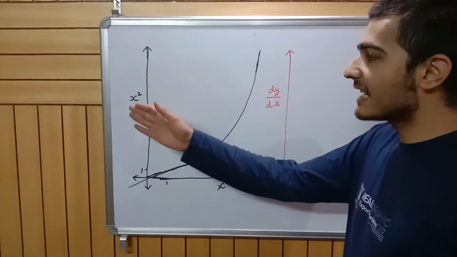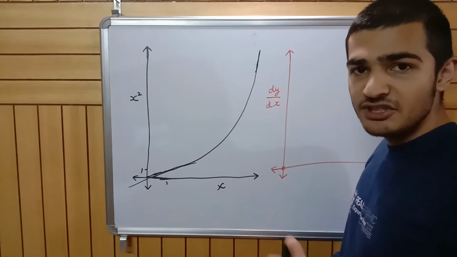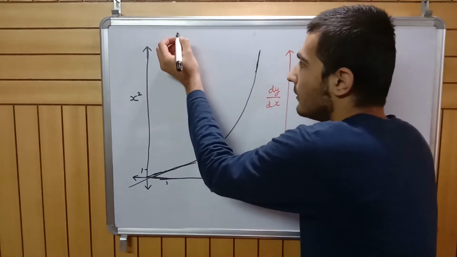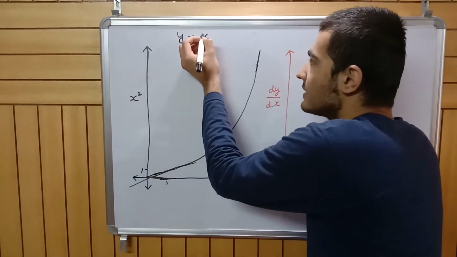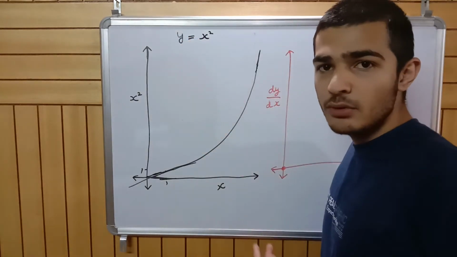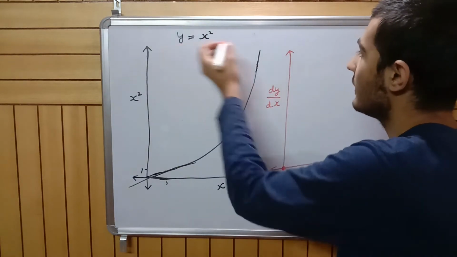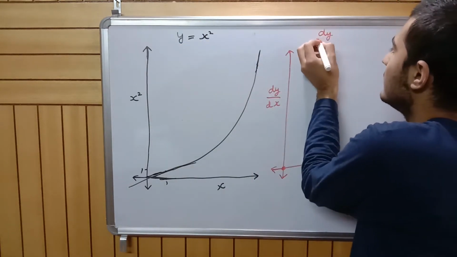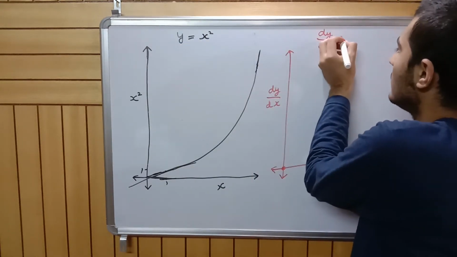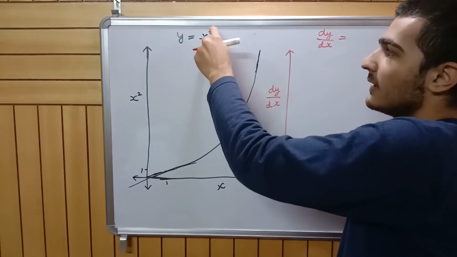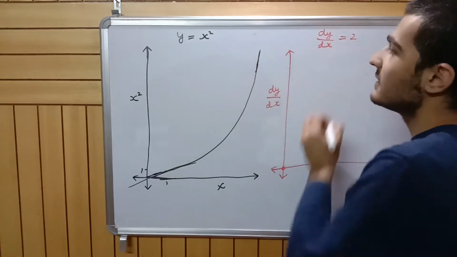Well, I know this is the graph of x square, and if I have a function y equals x square, I can find the derivative using the power rule.